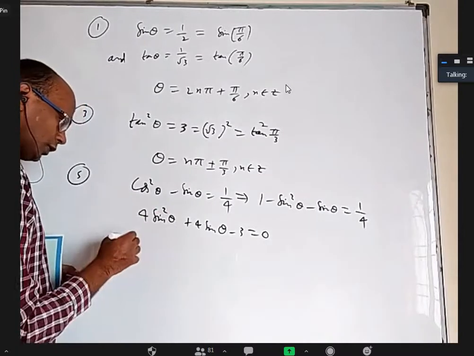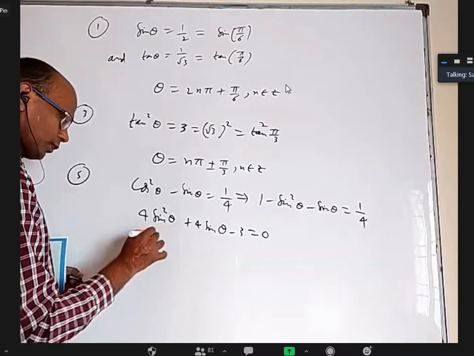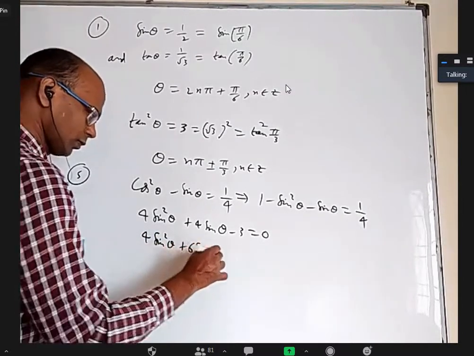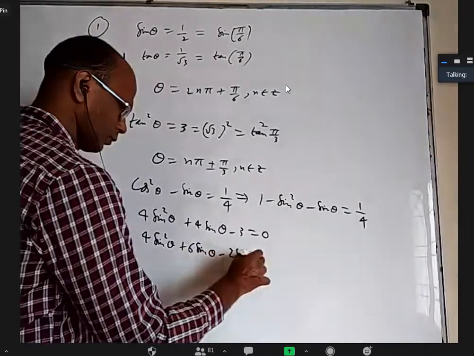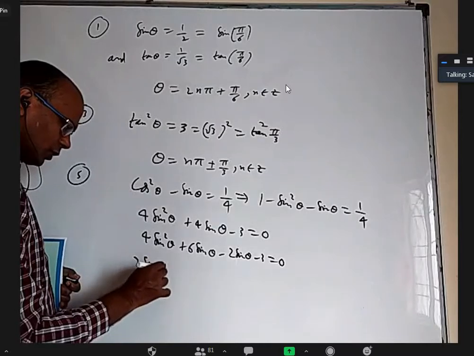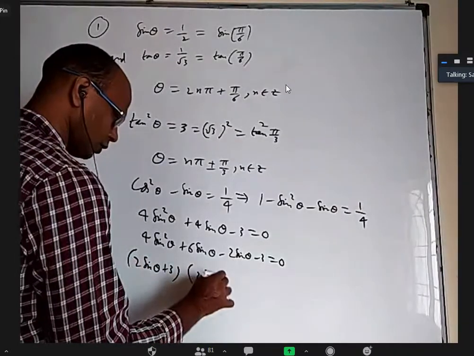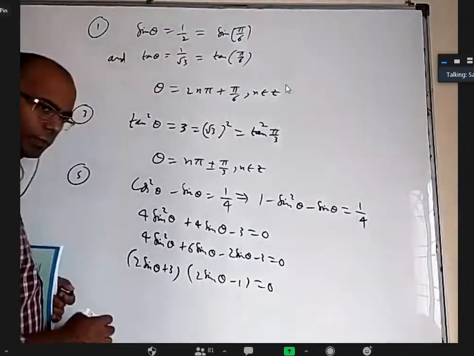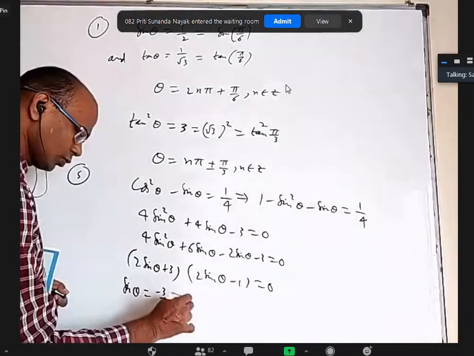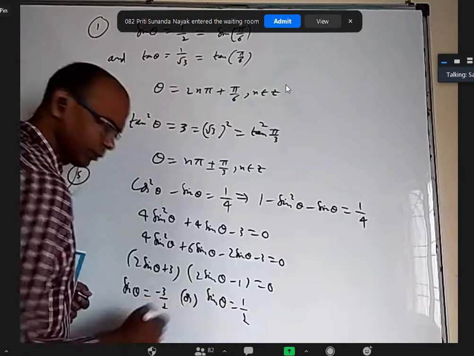So when I factorize it, minus 12, plus 6, minus 2. That is 2 sine theta plus 3 into 2 sine theta minus 1 equal to 0. I will get sine theta equal to minus 3 by 2 or sine theta equal to 1 by 2.